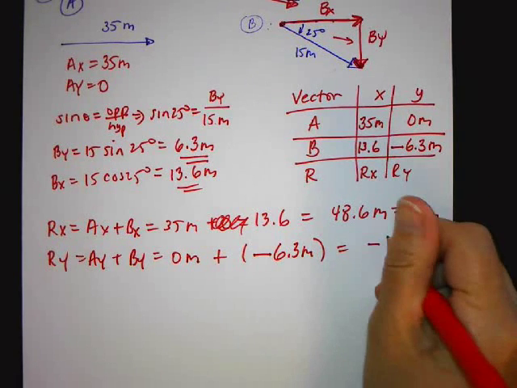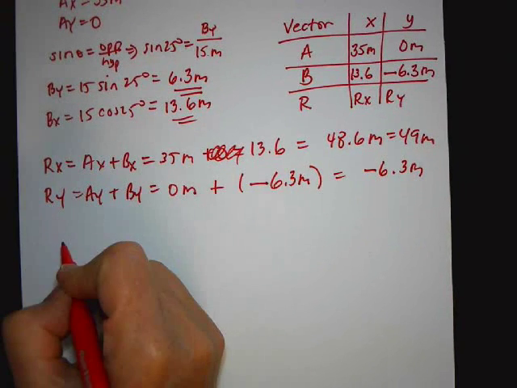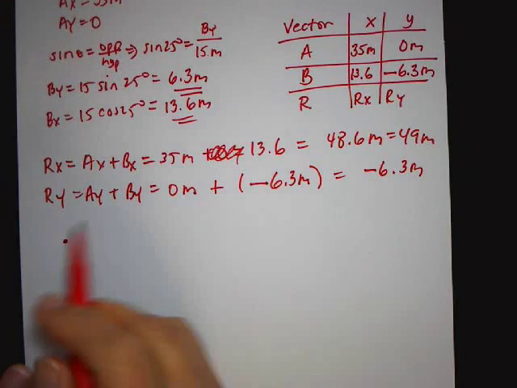To find my resultant, the first thing I'm going to do is draw my picture, because the direction is important. This is where I start. Rx is positive, so this is going to be positive 49 meters. From the head of that vector, I'm going to put the tail of the other. This one is negative 6.3, so that shows negative.